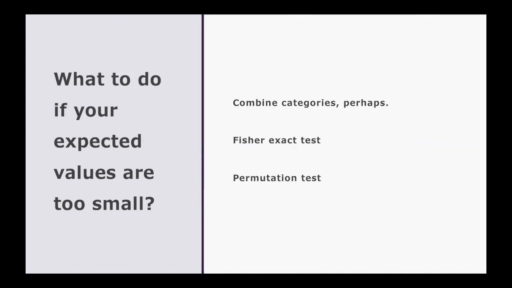When this doesn't make sense or is not possible, or perhaps even in combining categories, the expected frequencies are still too small, then we can use other approaches such as a Fisher exact test or a permutation test. Now, we're not going to go into either of these tests today, but I did want to point out what these options are to you in case you come across a situation where your expected values are too small.